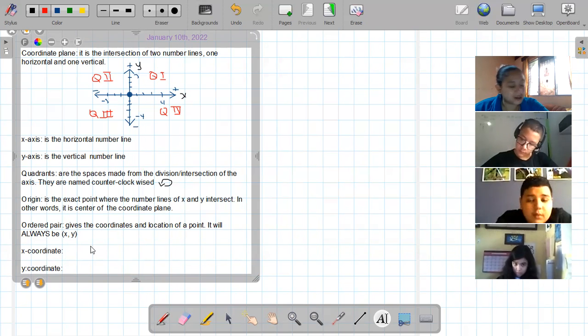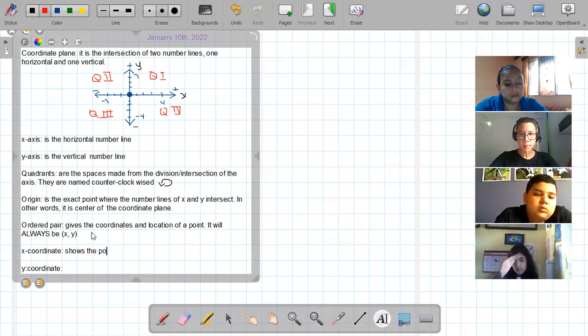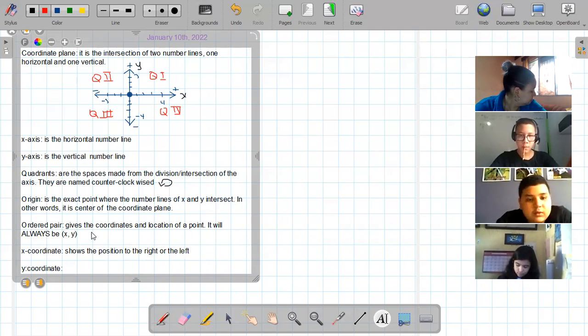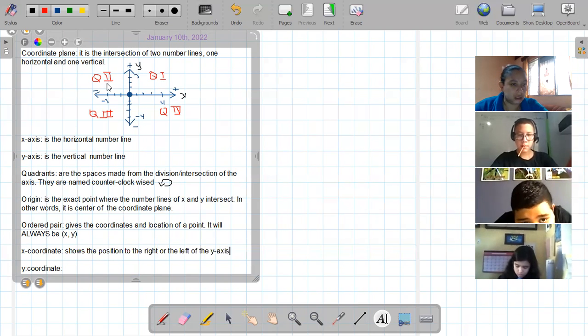But what is the X coordinate? Well, it shows the position to the right or the left of the y-axis. It will be either to the right of the y-axis or to the left, okay?